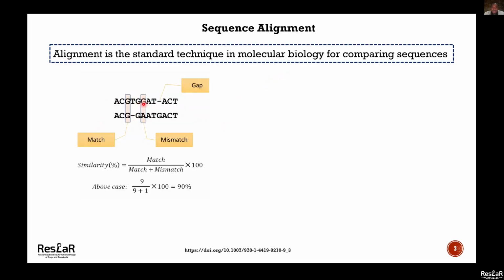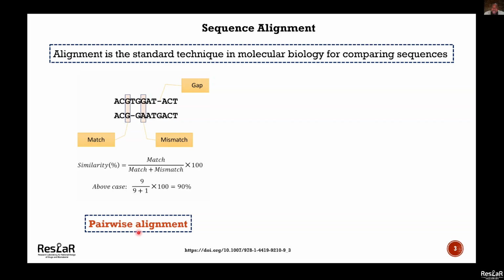If you have two nucleotide sequences, how do you compare their similarity? How many times do they match? How many times do they mismatch? And then you can calculate similarity. For example, here we are seeing it is 90%. That's how you judge similarity between sequences.